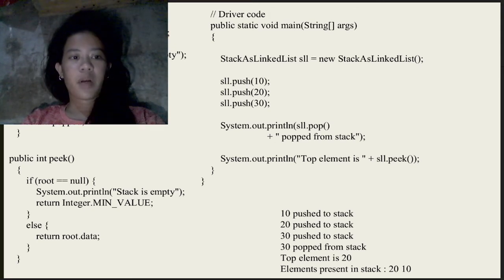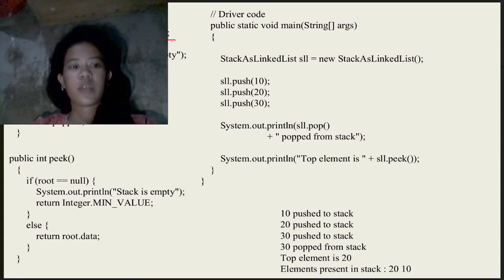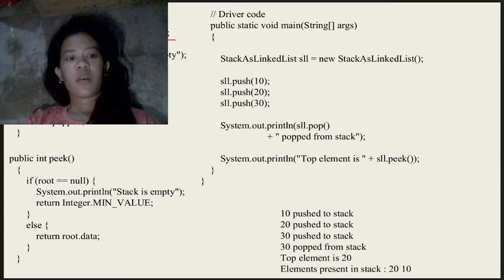Here in pop we return Integer.MIN_VALUE.